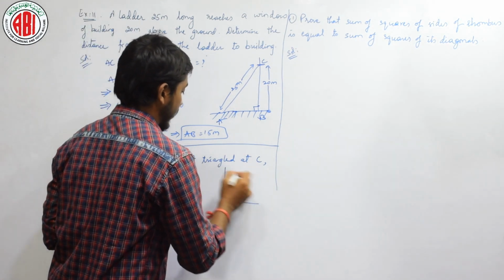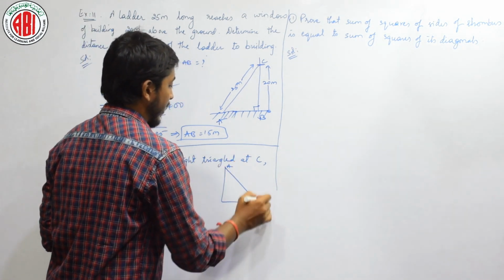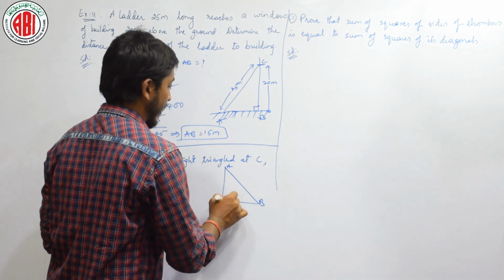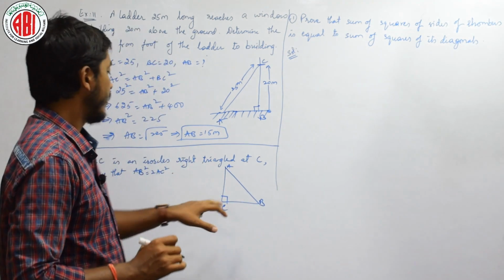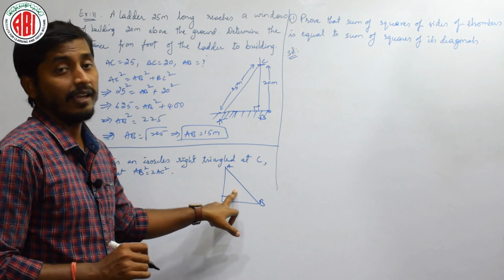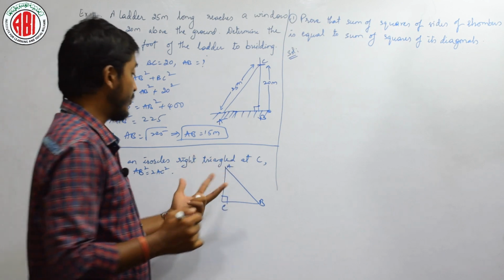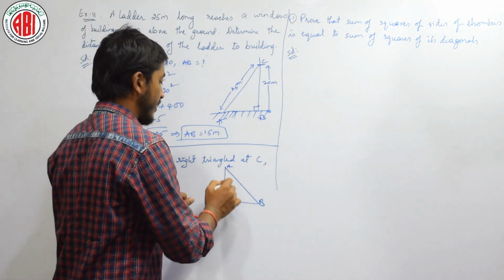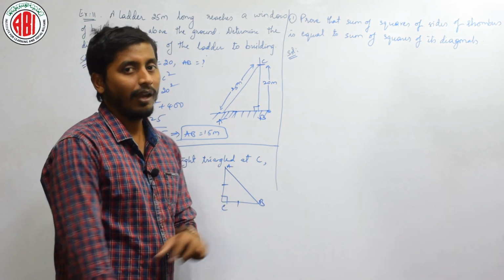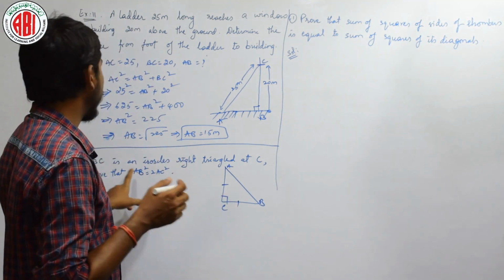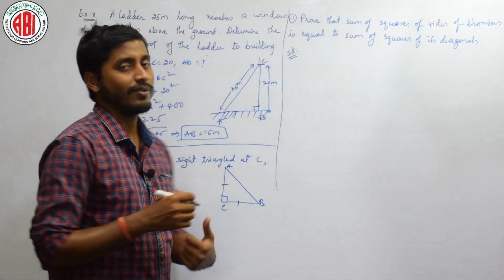There is an isosceles triangle, there is a right angle triangle. What is an isosceles triangle? Which means two sides must be equal, which means these both are equal. Okay. Then he is asking us to prove that AB square is equal to 2 AC square.